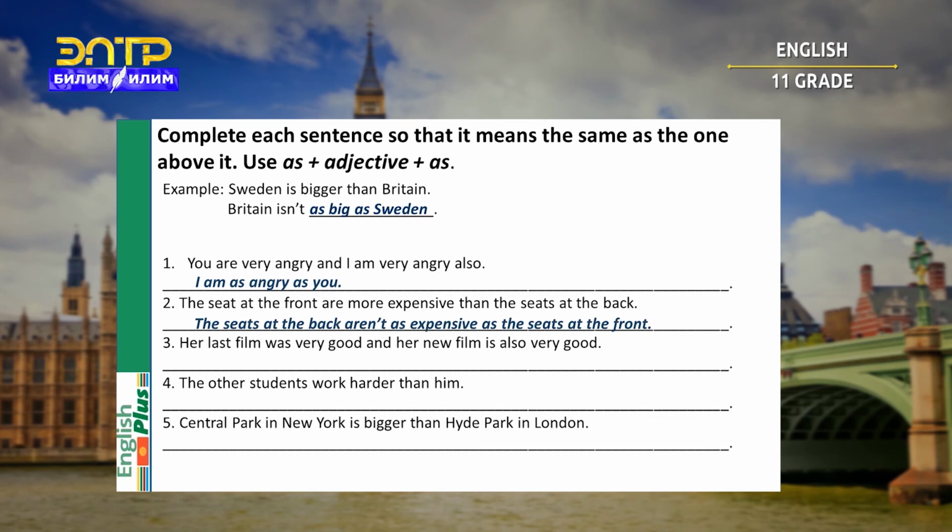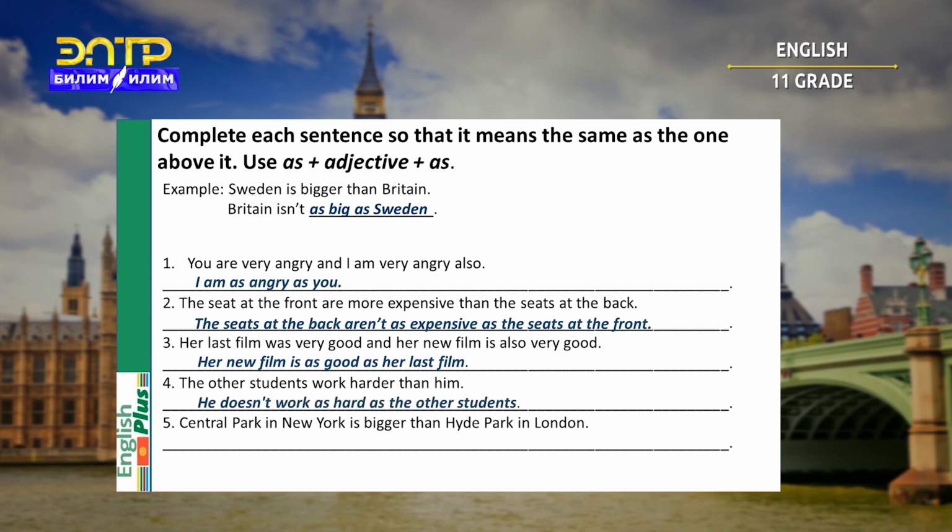Sentence number 3. Her last film was very good, and her new film is also very good. What do I say about her? I say her new film is as good as her last film. Sentence number 4. The other students work harder than him.